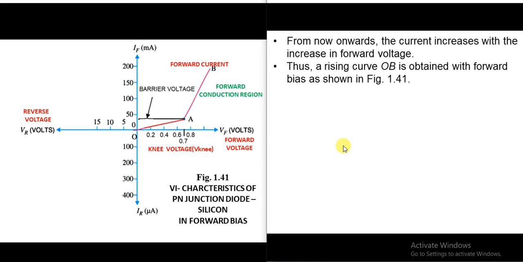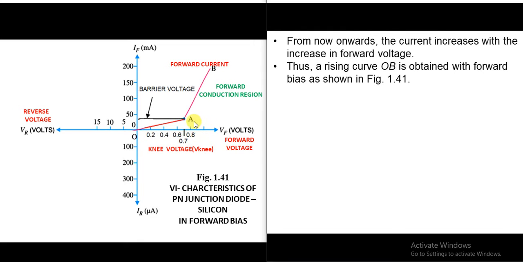Thus, a rising curve from O to A and from A to B, that is the curve OB, is obtained with the forward bias.